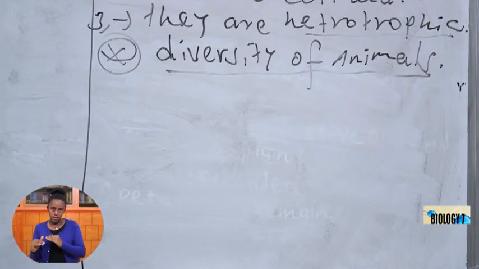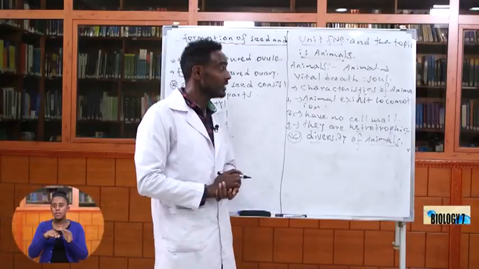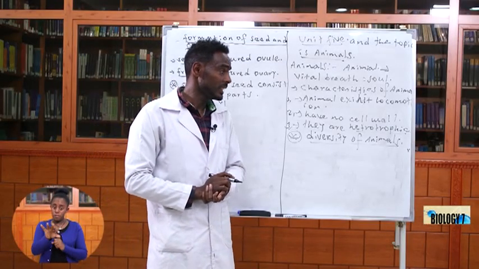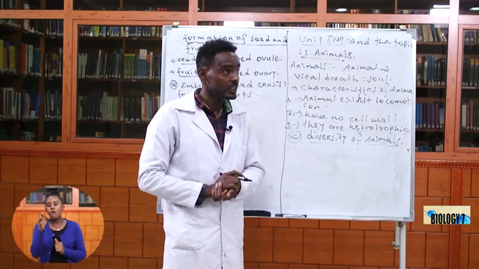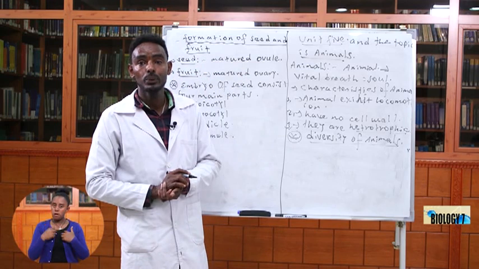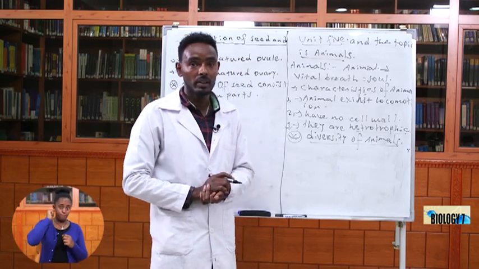And also animals are different in their type. Based on the presence of a backbone, animals can be classified into two: vertebrate animals and invertebrate animals.